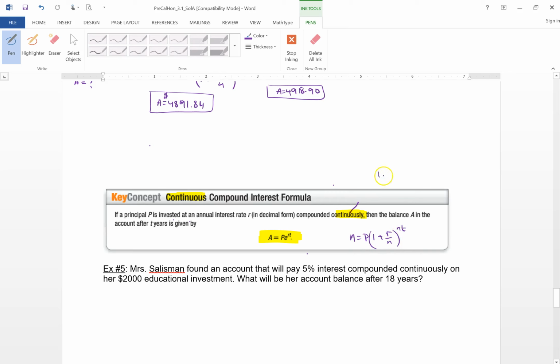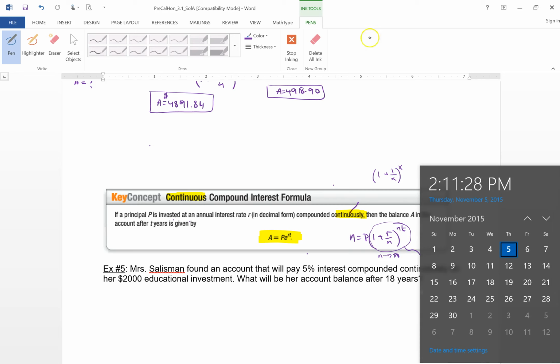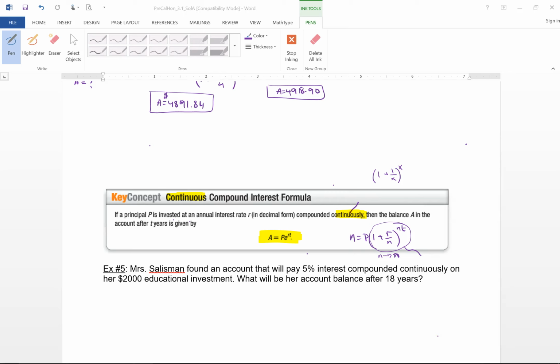Remember what the other formula was? (1 + 1/x) to the power of x, right? As n approaches infinity, it levels off. So it becomes e. So it becomes P e to the rt. And I call this the Purdy formula.